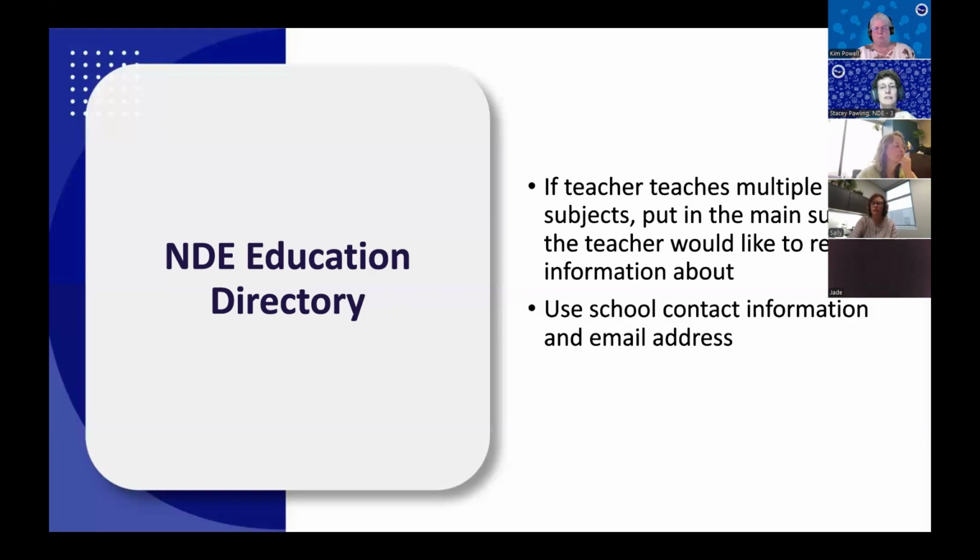So when vendors or third parties go out and look for information, they can gather it. If you only want information about science, then put science as what they want. And again, as I just said, school contact information should be your school email address.